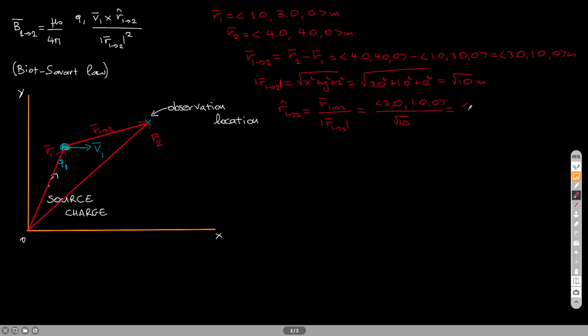Now the result here will be 3.0 divided by the square root of 10, comma 1.0 divided by the square root of 10, comma 0. And as I said, there are no units for this. Now the next step will be, just to make my life easier, I will go ahead and write the vector r from 1 to 2.